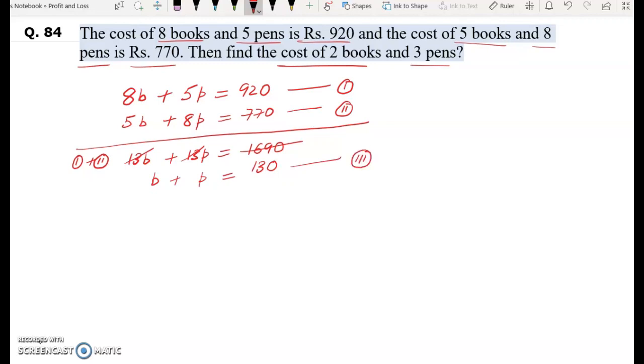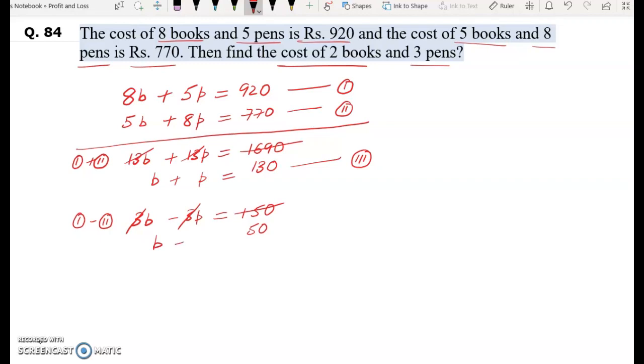Now if we subtract 1 minus 2, 8b minus 5b will be 3b, minus 3p is equal to 150. 3 we can cancel out. 3 into 5 is 15, 0.